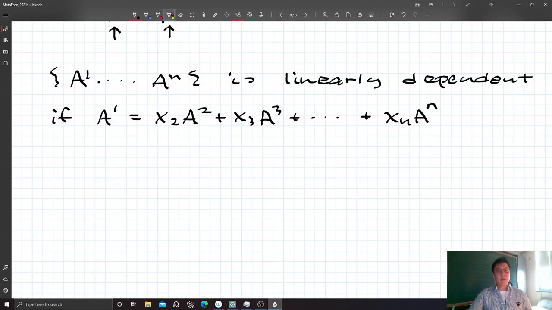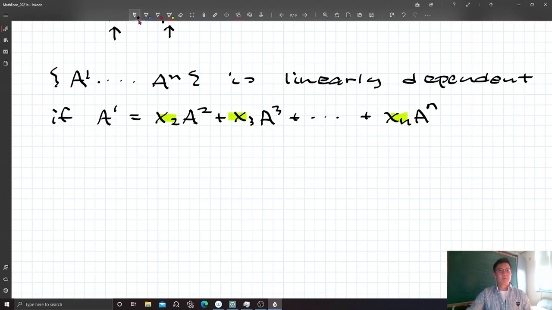If these n minus 1 x's are all zeros, then we don't say this is a linear combination; some x's should be non-zero numbers. So the set of n vectors is linearly dependent if at least one vector of these n can be expressed as a linear combination of the others.